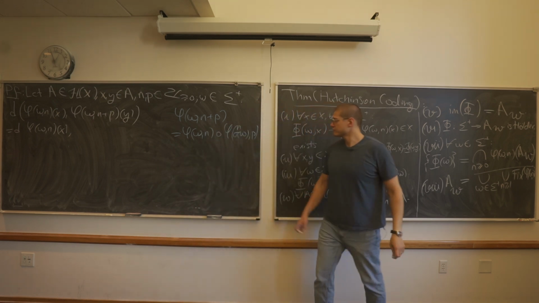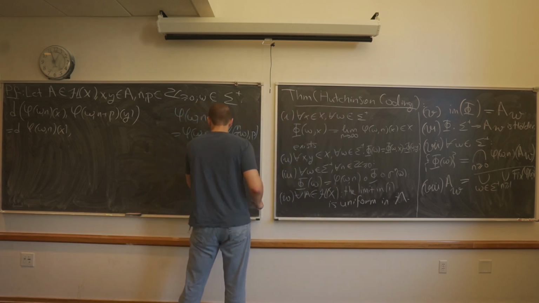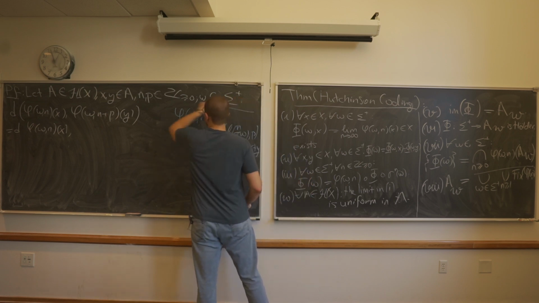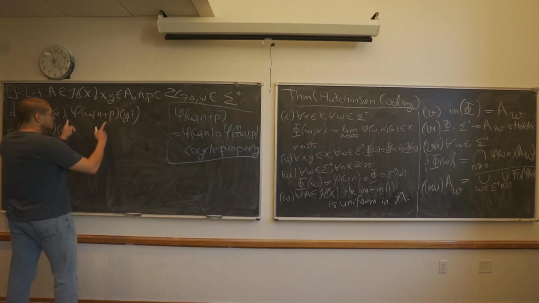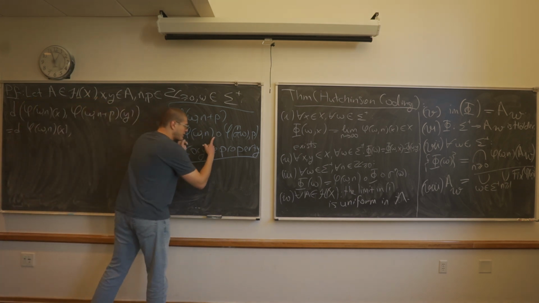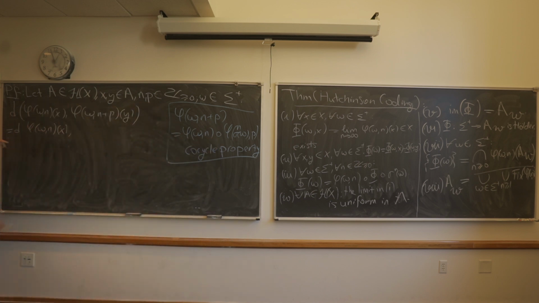This is the cocycle property. So I can replace this by this expression. The point of doing this is that now I have a factor on the outside like this. But then because I have another factor here, and because I know that it's a contraction, I can take that out. That's the point.